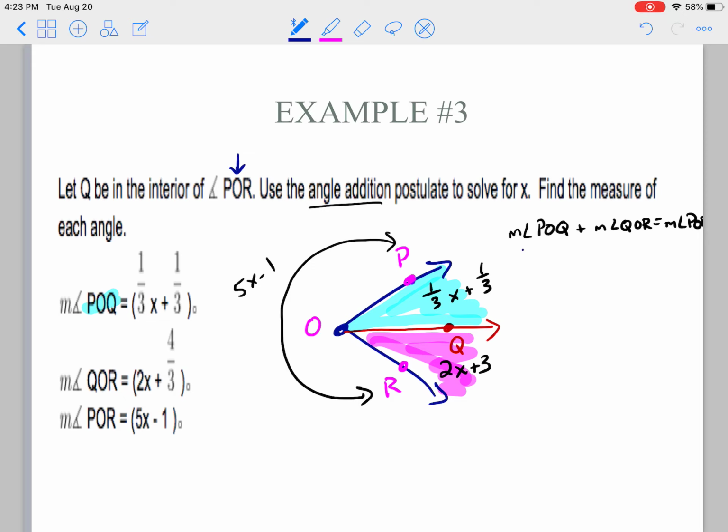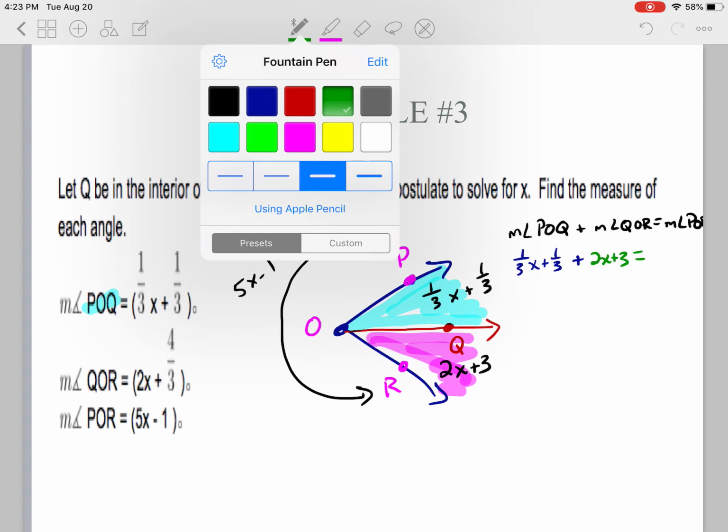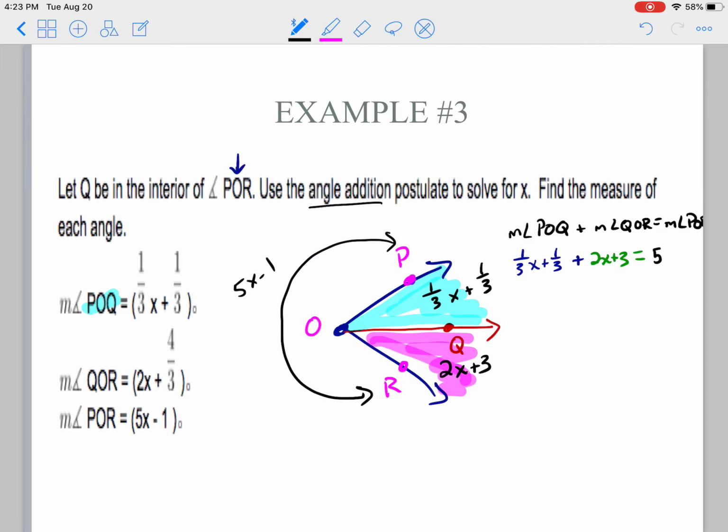So the measure of POQ is 1/3 x plus 1/3 plus the measure of QOR is 2x plus 3. And we know that this will equal the measure of POR, which is 5x minus 1.